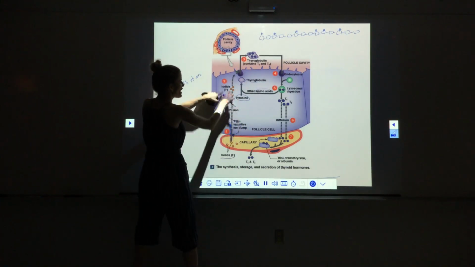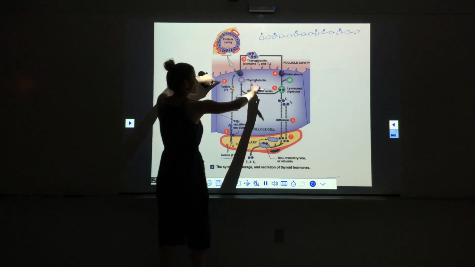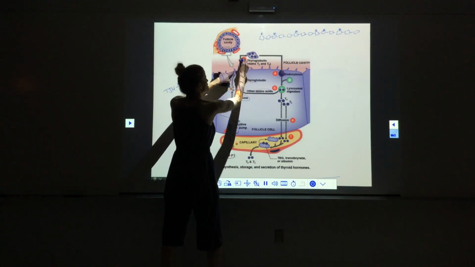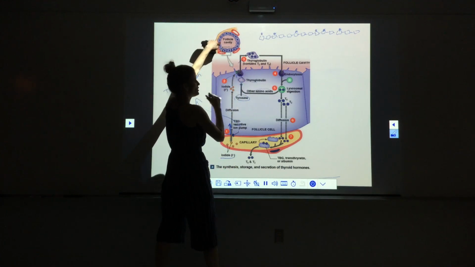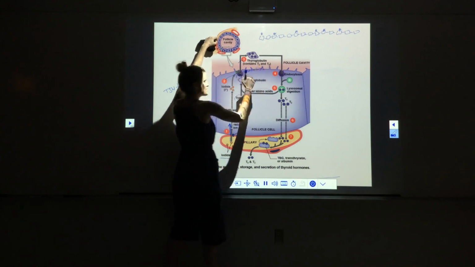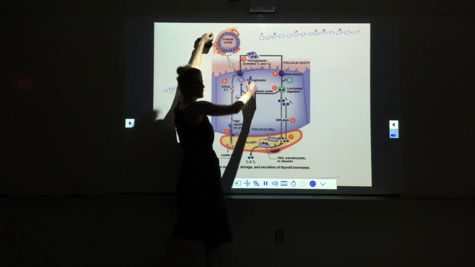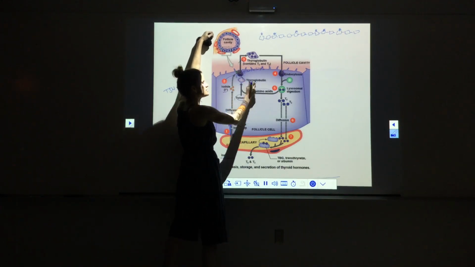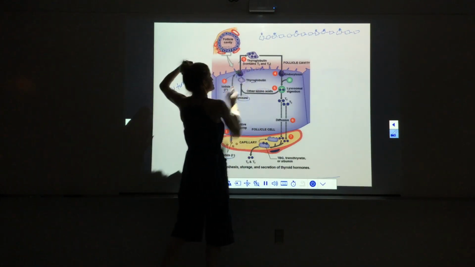So we've got a bunch of iodide, we've got a bunch of thyroglobulin, and we put them together and bring them into the follicle cavity. Okay, so essentially you could say that this is exocytosis, right? Because it's exiting the cell, leaving the cell to go into the cavity. So we have the exocytosis of iodide ions and thyroglobulin into the follicle cavity.